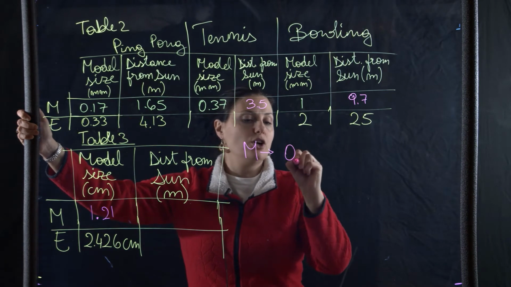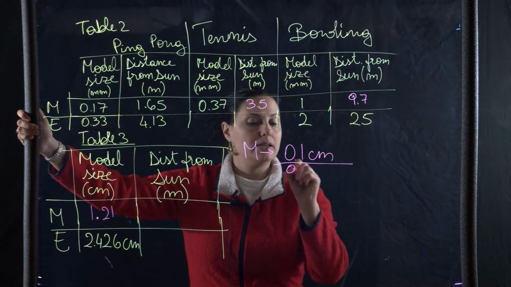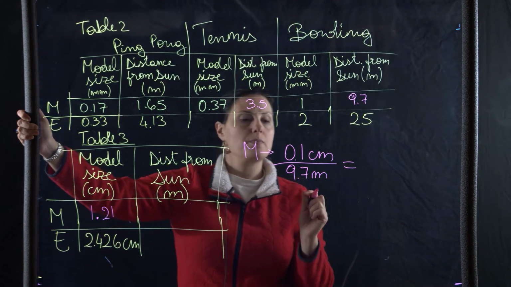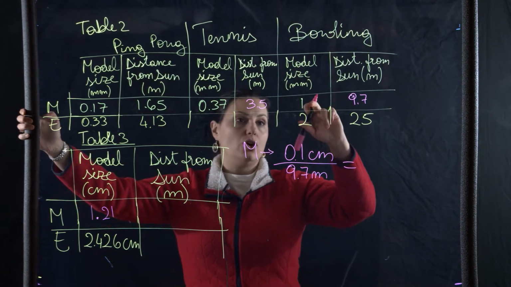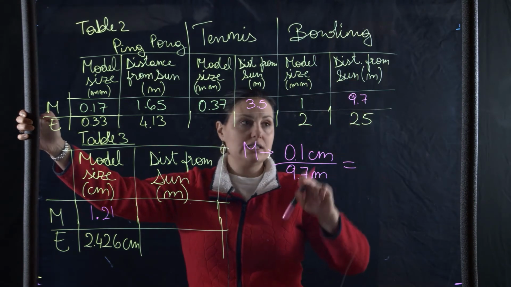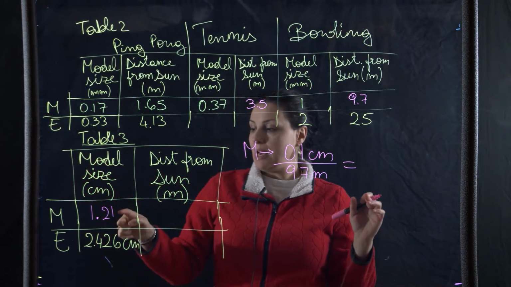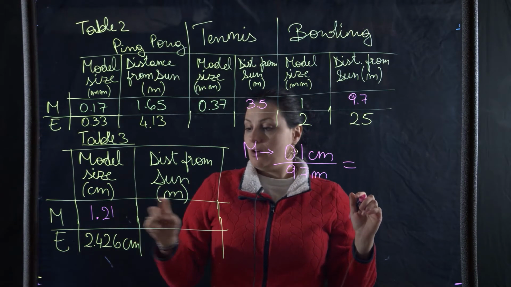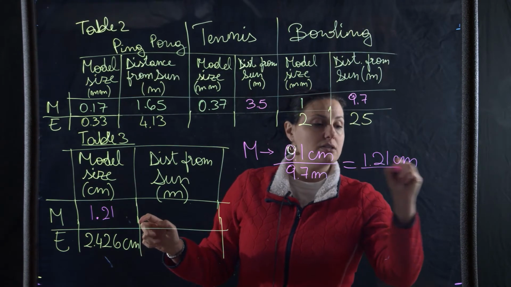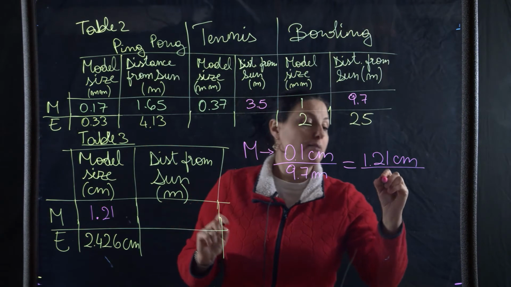So it will be 0.1 centimeters divided by 9.7 meters. This ratio for the bowling ball for Mercury, model size converted to centimeters over the distance from the sun, should be the same as the model size of 1.21 centimeters, which we just calculated, divided by the distance from the sun, which I don't know, so I'm going to call y.